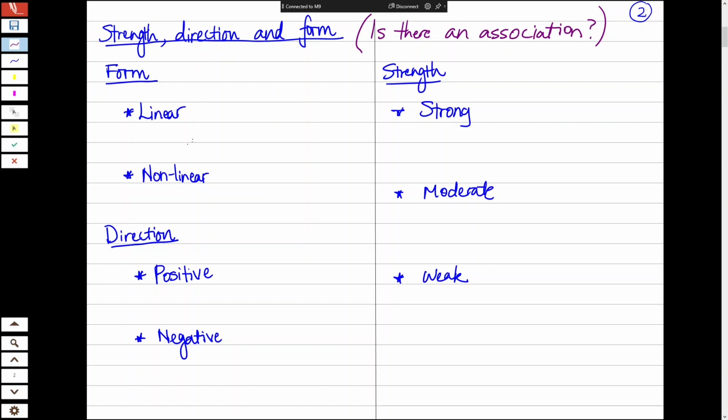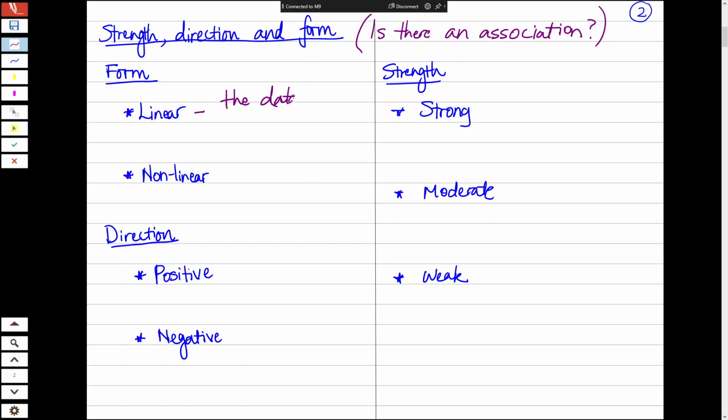So, let me define these terms and then we'll practice it in a moment. Form has two types: linear and non-linear. Do you know what linear means? Straight line, okay?